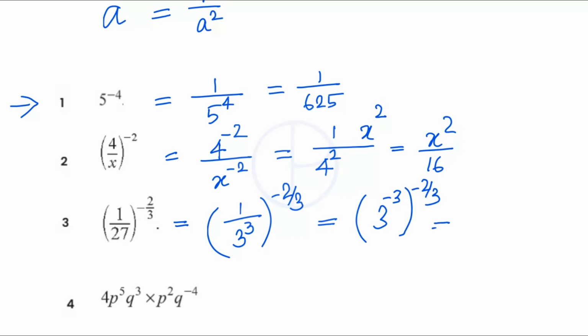Now apply the law of indices of raising a power to another power. So it's nothing but the multiplication actually. Multiplying negative 3 by negative 2 over 3. This 3 and 3 get cancelled. Negative 1 multiplied by negative 2 is nothing but positive 2. So 3 square, which is 9.